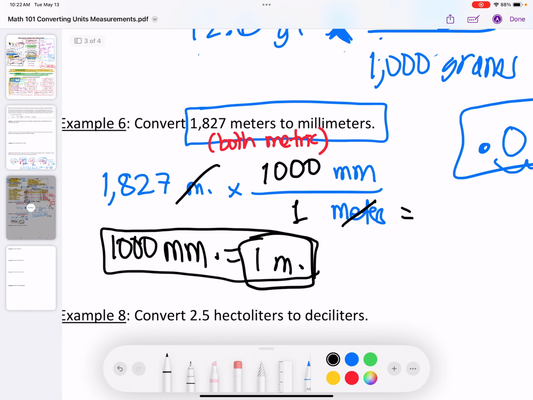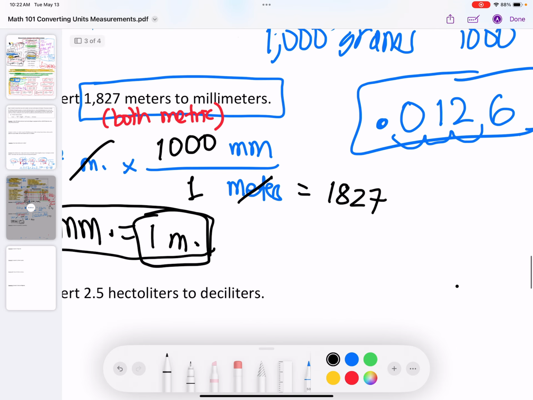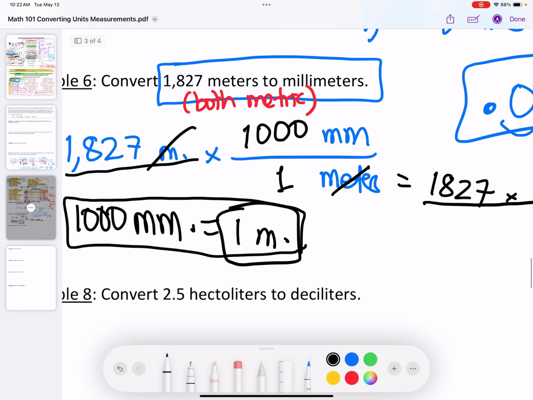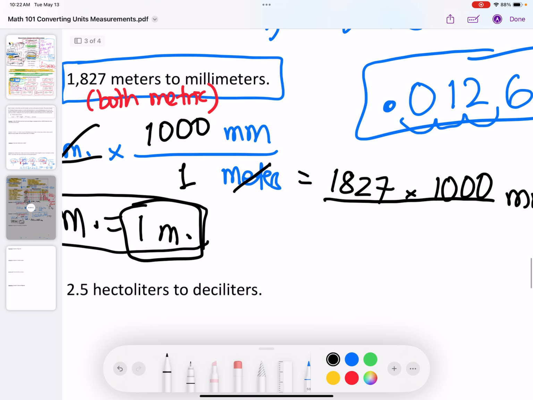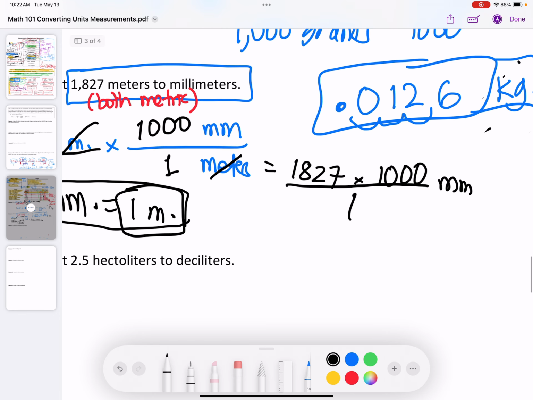So now it looks like we're multiplying. I mistakenly thought we were multiplying in the last one, but I guess we're not. Multiplied by 1,000, and we're going to end in millimeters. I forgot, I was supposed to put over 1. Multiply across, 1 times 1. If I multiply 1,827 by 1,000, it takes the decimal after the 7 and moves it 3 times to the right, 1, 2, 3, which has me adding 3 zeros.